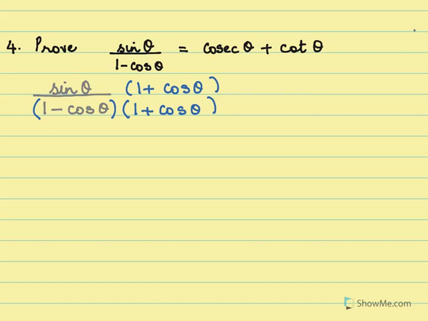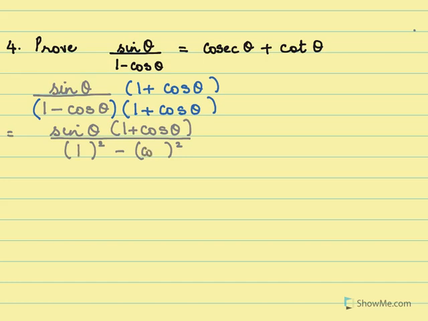So what happens now in the numerator is you have sin theta, and I multiplied it by 1 plus cos theta. And look up in the denominator, it's a minus b, a plus b. 1 minus cos theta, 1 plus cos theta. And a minus b into a plus b is a square minus b square. Please write this identity, this a plus b into a minus b is a square minus b square as your reason.